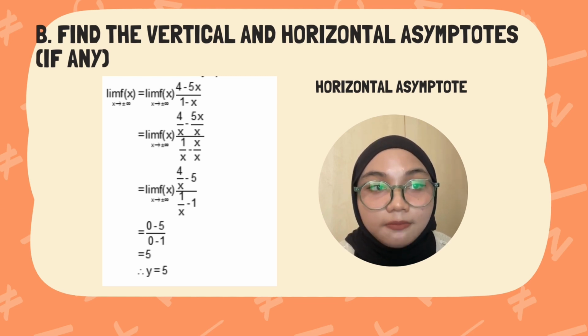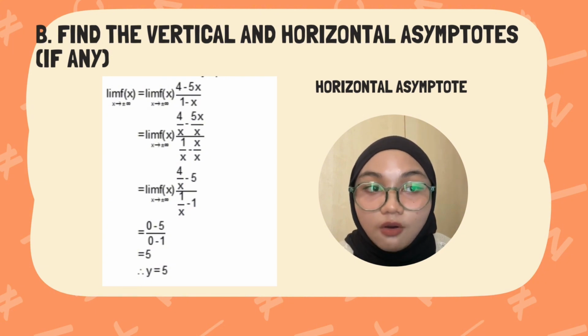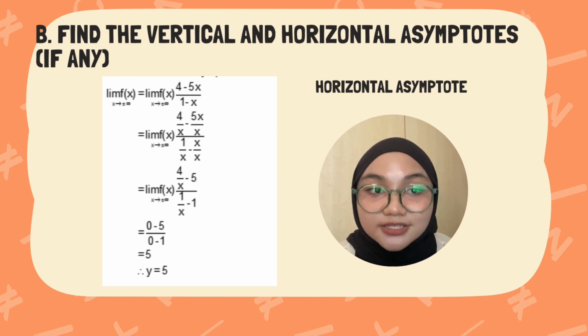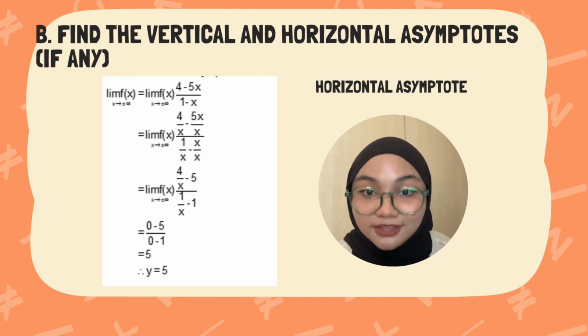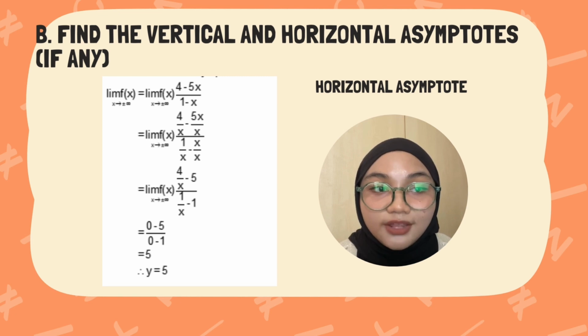So we will get the limit as x approaches positive or negative infinity of (4 over x minus 5x over x) over (1 over x minus x over x). And then we will get (4 over x minus 5) over (1 over x minus 1).